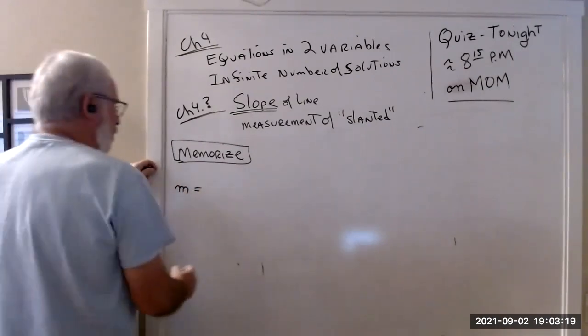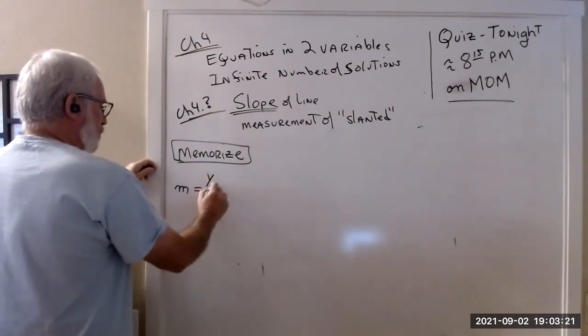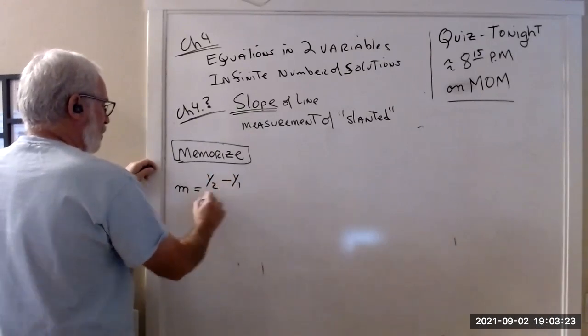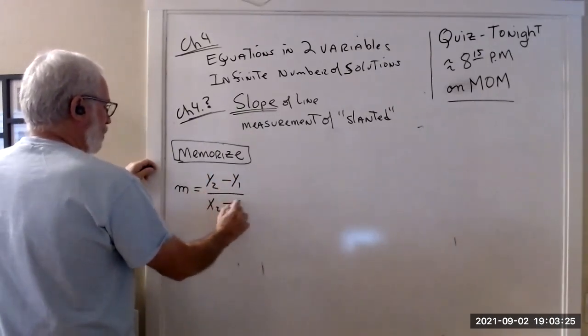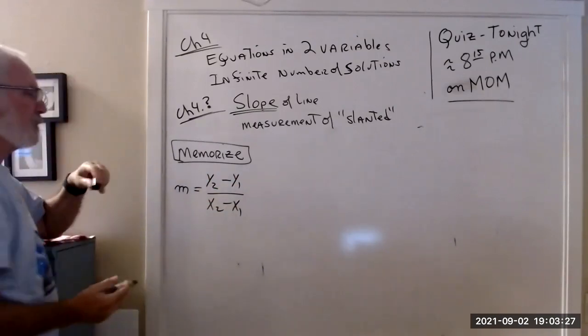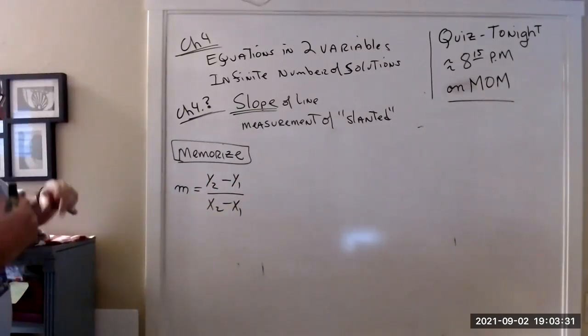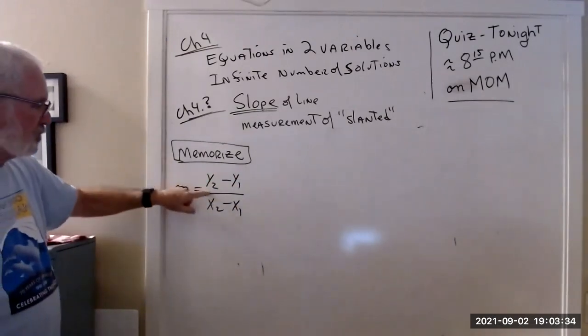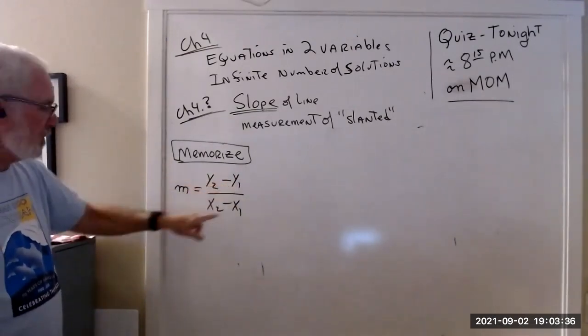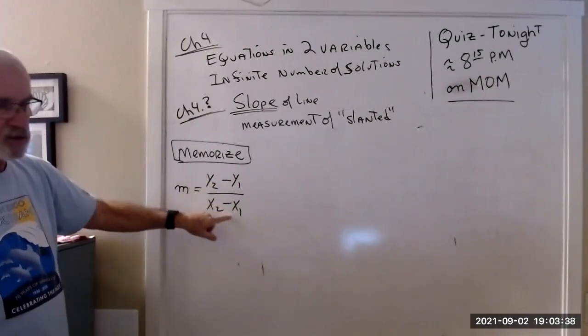Lowercase m equals. Now we write this. And again, this is y sub 2 minus y sub 1 over x sub 2 minus x sub 1.